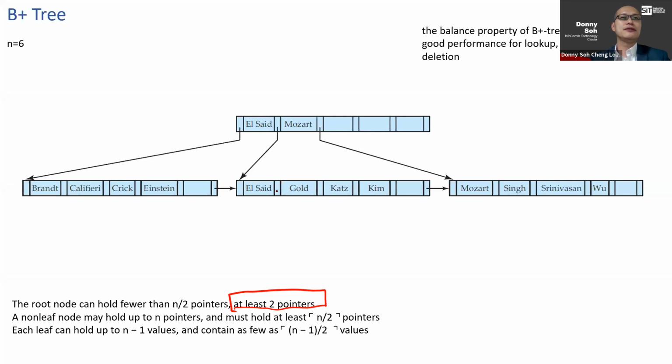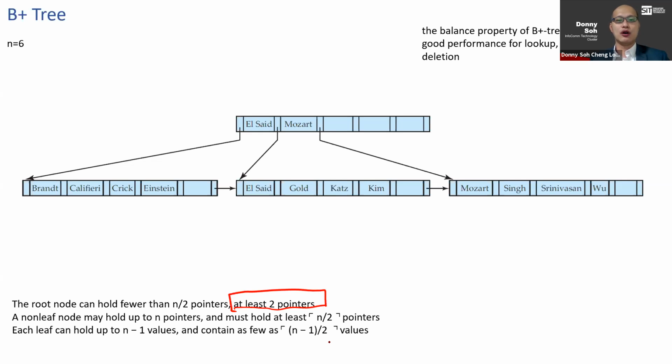A non-leaf node, all these are leaves right now, a non-leaf node can hold up to n pointers and must hold at least the ceiling of n divided by 2 pointers. And the leaf node can hold n-1 values and must contain at least the ceiling of (n-1) divided by 2 values. Okay, so this is just some theory.